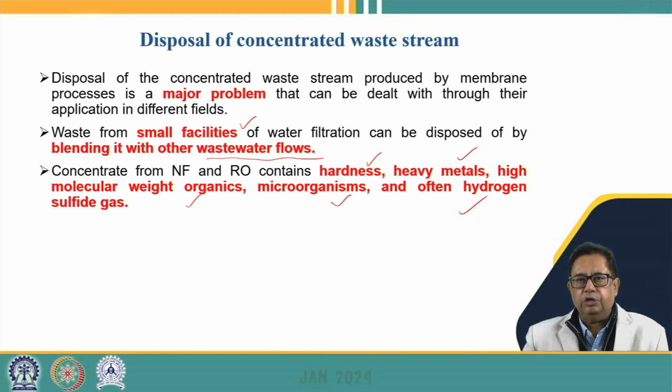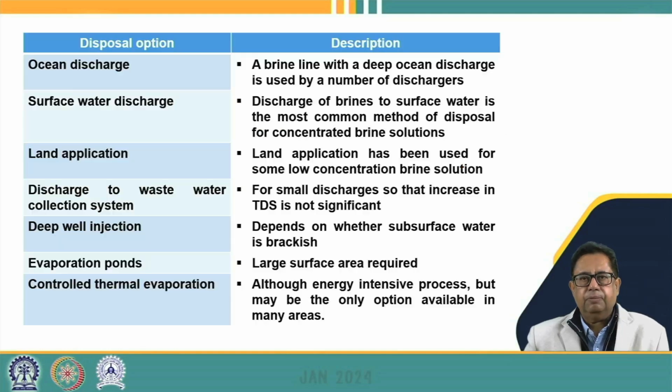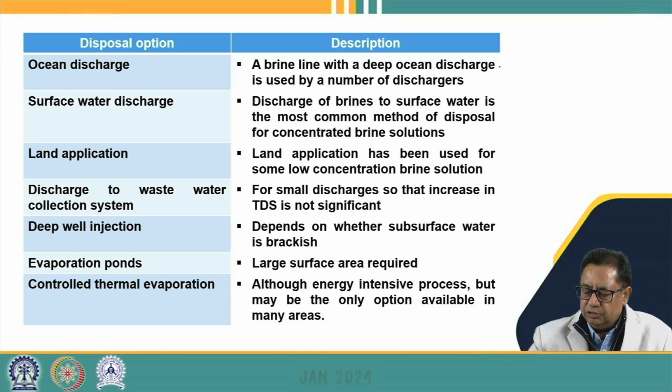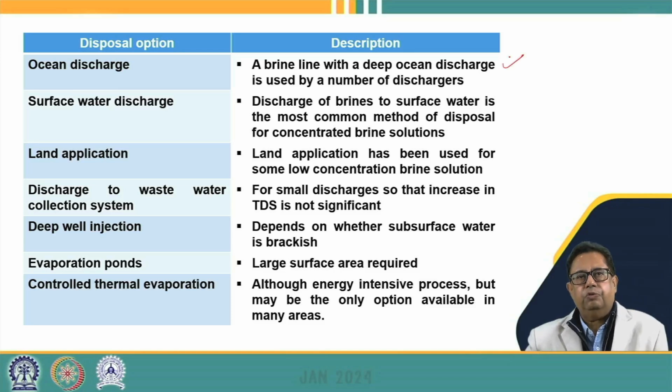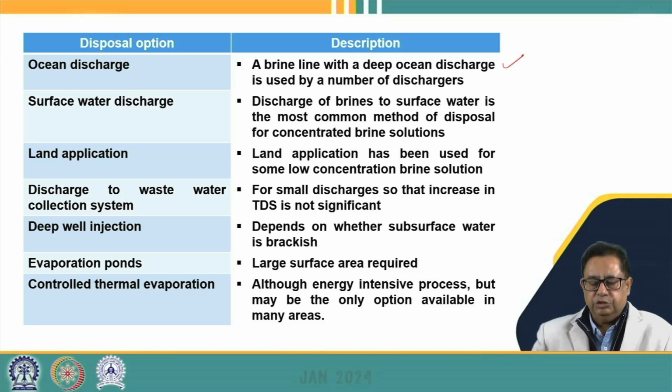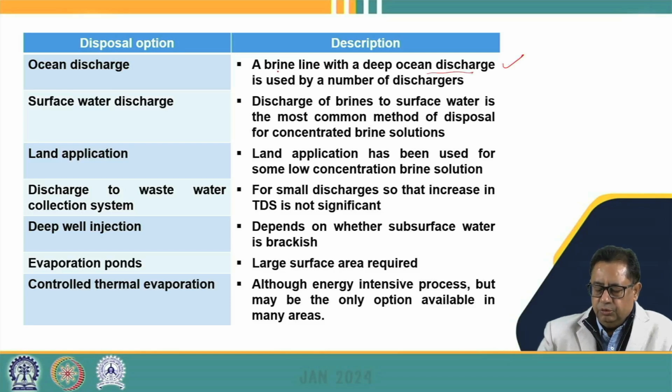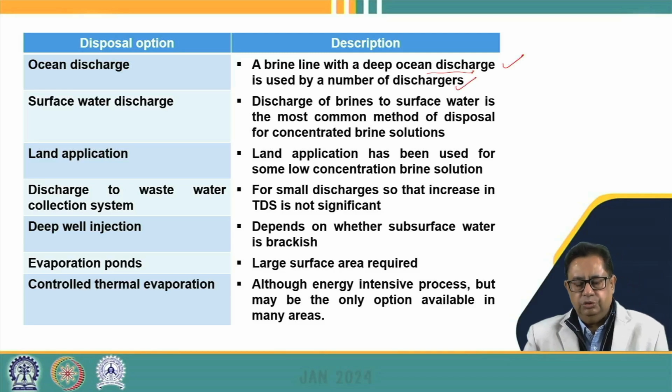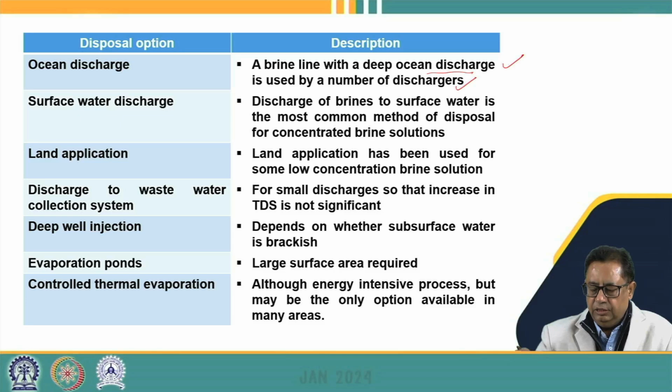So it is very important that we dispose of it properly so that the environment is not impacted by such disposals. For example, if we have a simple brine solution coming out from the membrane treatment, it can be put into ocean discharge, but it should only be a concentrated brine solution without other contaminants, because the ocean also contains a high amount of salt.